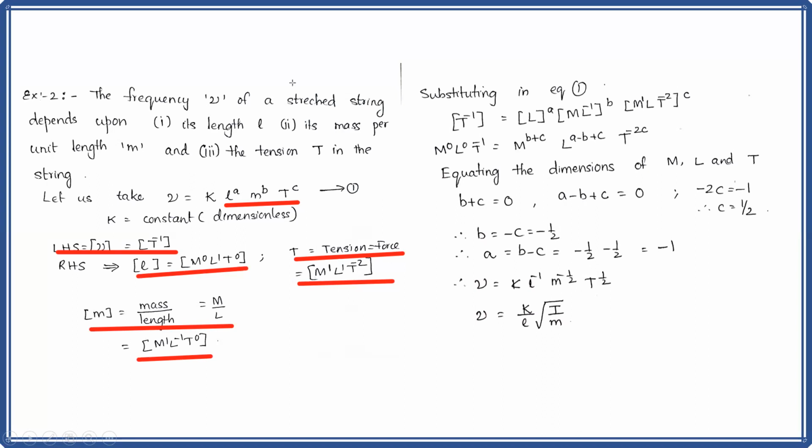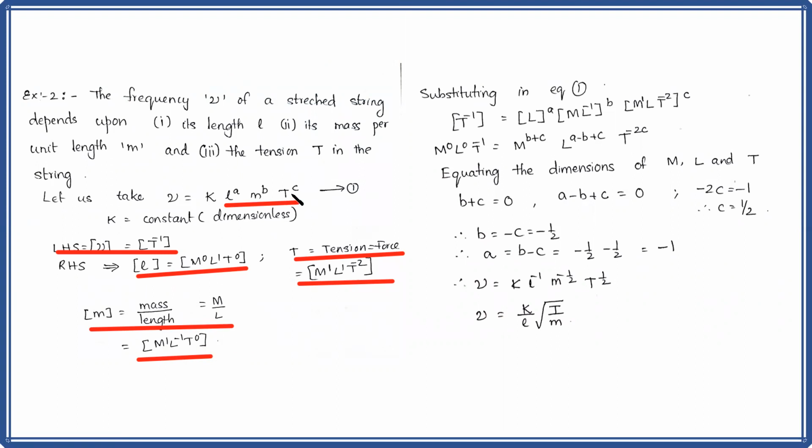The first quantity is L, so we have taken M0 L1 T0. The second quantity is M, mass per unit length, so we have taken M by L, that is M1 L minus 1 T0.